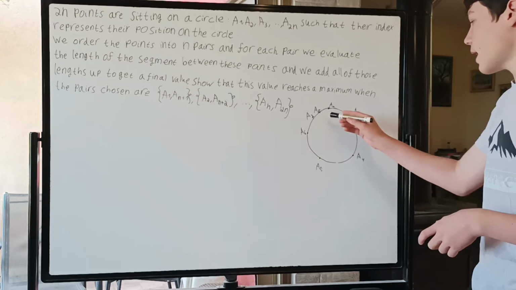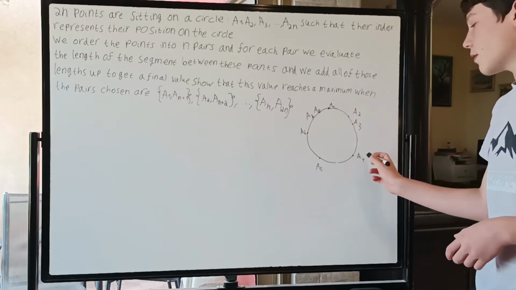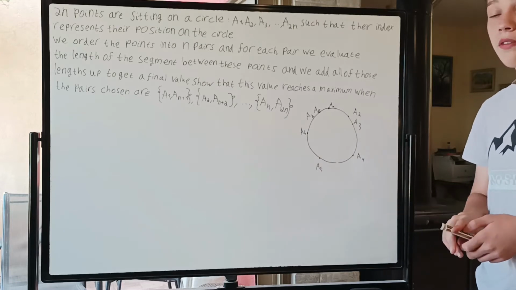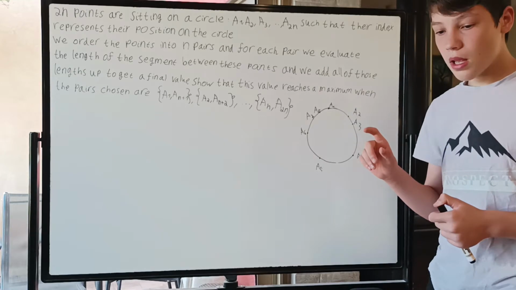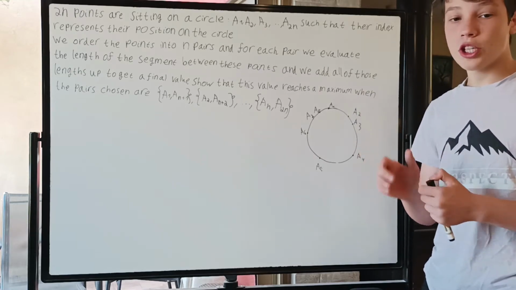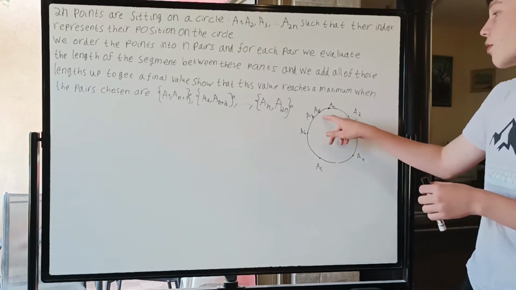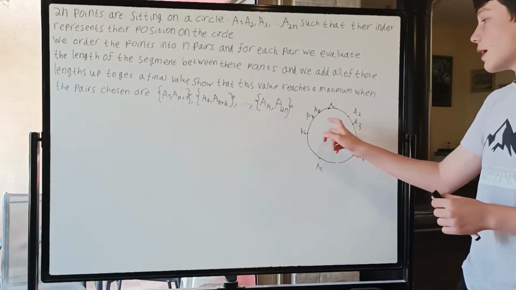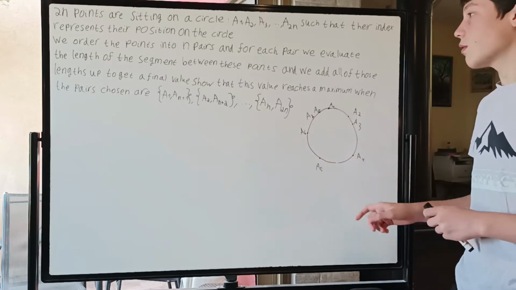So I can choose A1 and A3, A2 and A7, A6 and A8, and A5 and A4, and I evaluate the length of the segment between the 2 points of each pair. So I would have evaluated the length of A1A3, A2A7, A6A8, and A4A5.